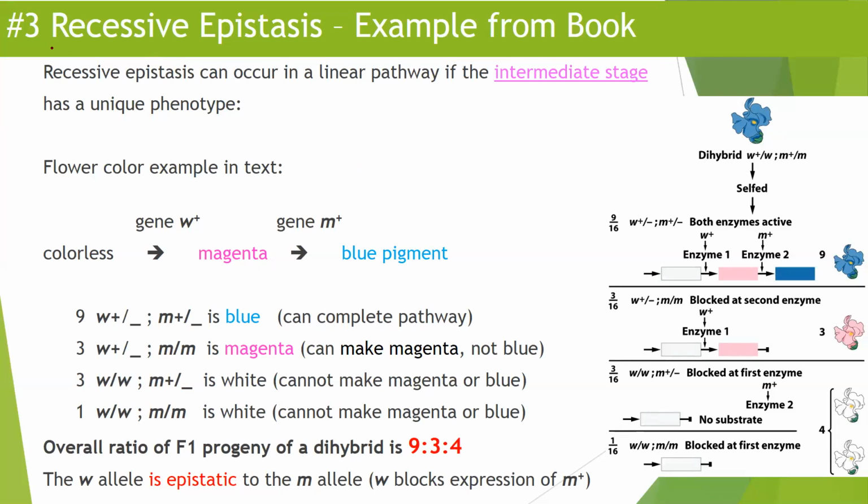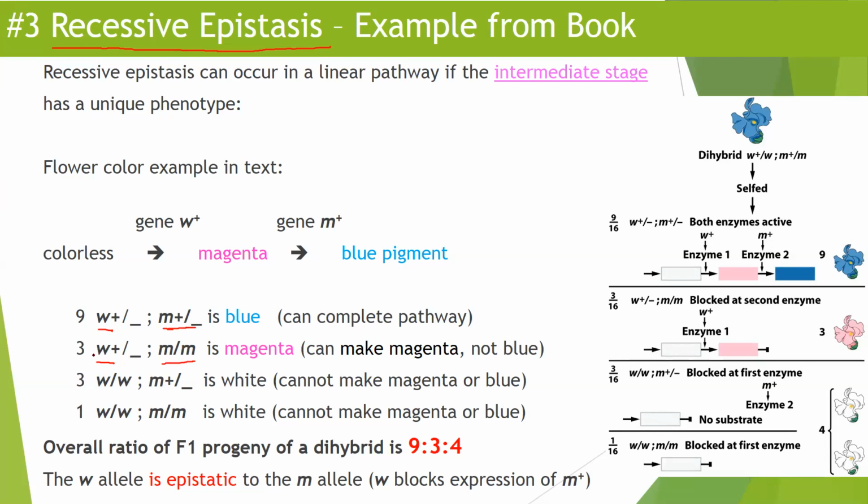This one is named recessive epistasis. I gave you an example to show this. We have two genes here, the W gene and the M gene. Only if the first gene, the W gene, is wild type, then you're going to see a difference between the wild type M gene and the mutant M gene.